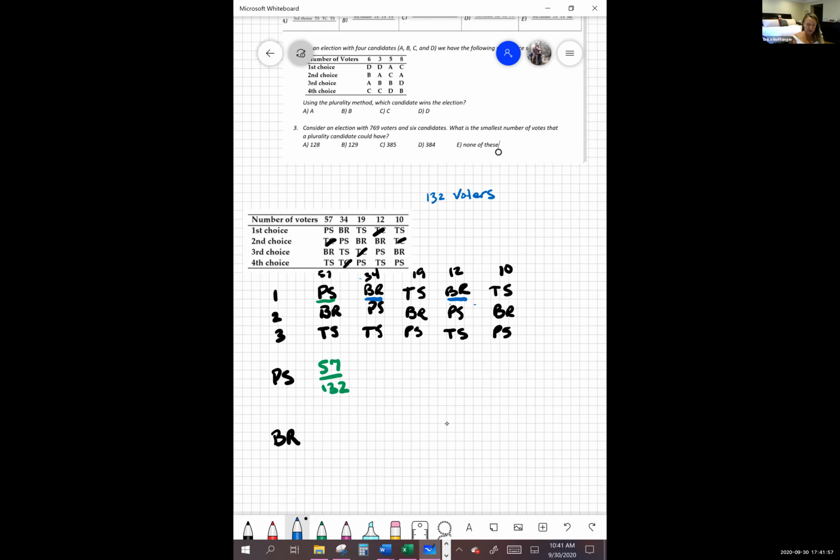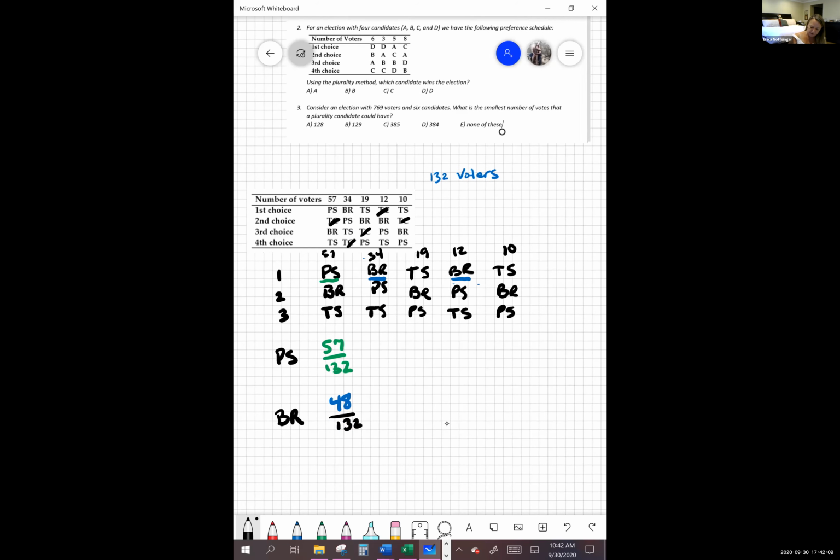So 34 plus 12 is 48 out of 132. And then the shrimp, or no, it's not the shrimp, it's the stir fry, is 19 plus 10, which is 29 out of 132.